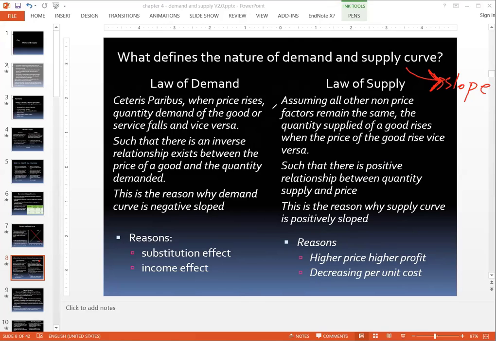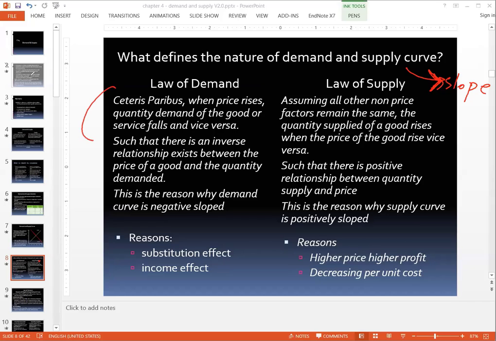We'll cover this point right now. Ceteris paribus means assuming other things constant, that no other change is happening here. When the price rises, assuming other things constant, the quantity demanded of a good or a service falls, and vice versa.